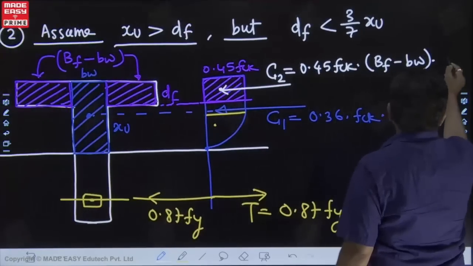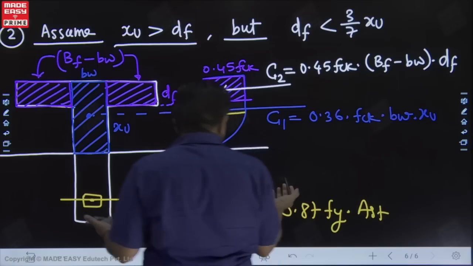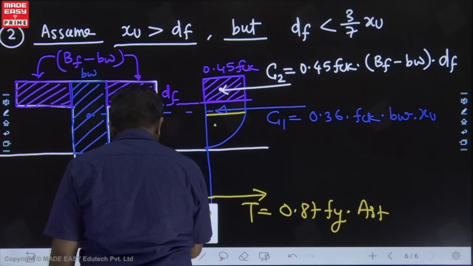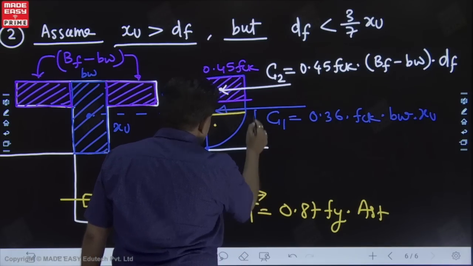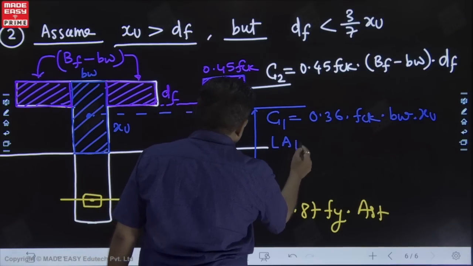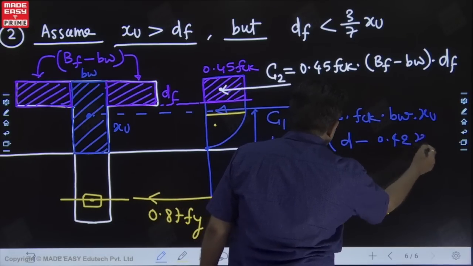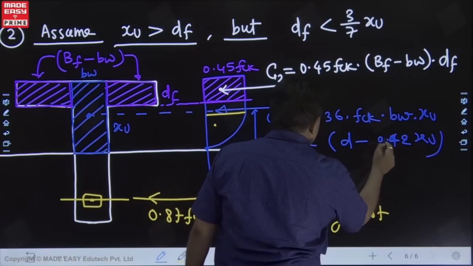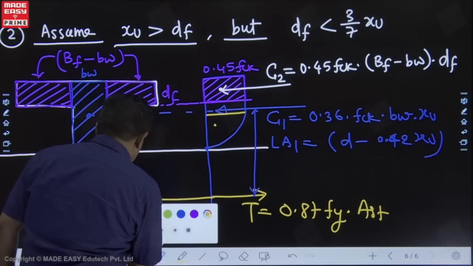So bf minus bw into Df is the area, 0.45 fck is the stress. Lever arm for these two portions will be different. Like if I write lever arm for this first portion, lever arm 1 will be d minus 0.42 into Xu, as we have discussed earlier. What will be the lever arm for this second force?